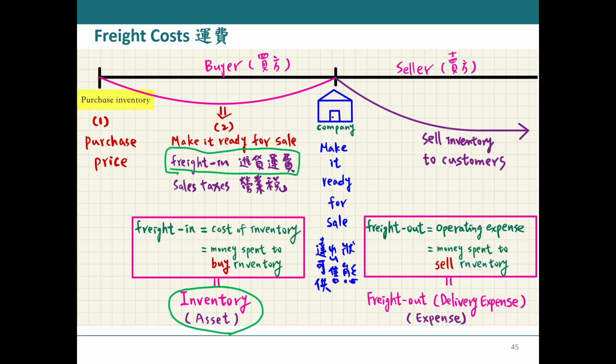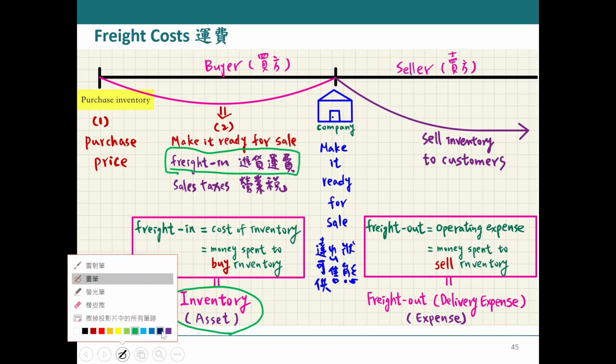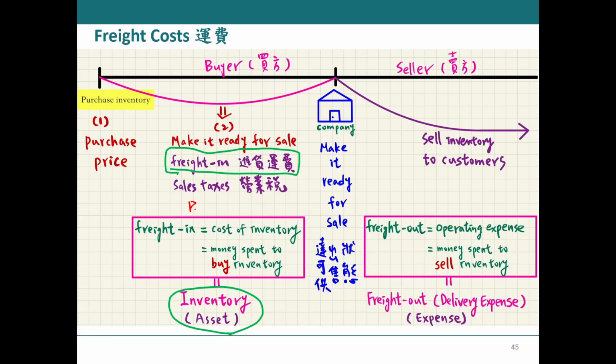The delivery fee you pay when you are the buyer, we use the inventory account because the freight makes your cost of inventory, the money you spend to buy the inventory, increase.